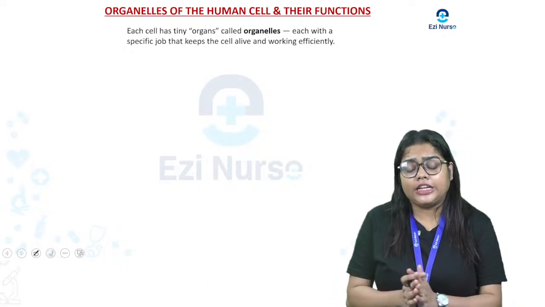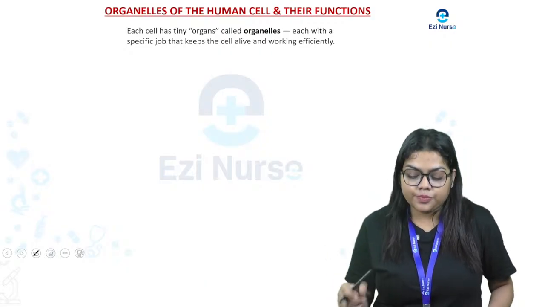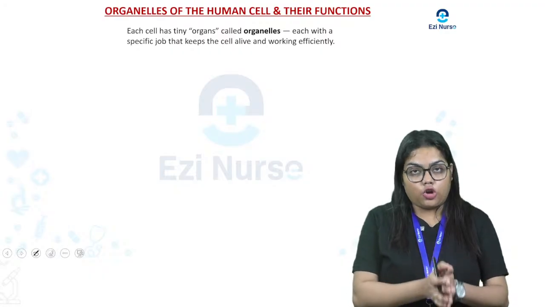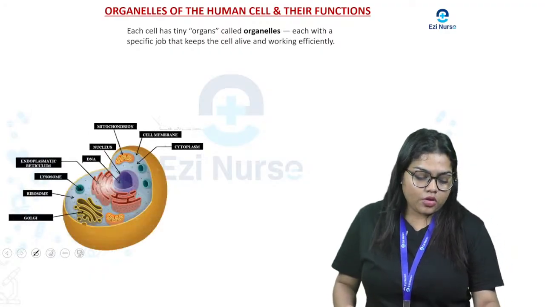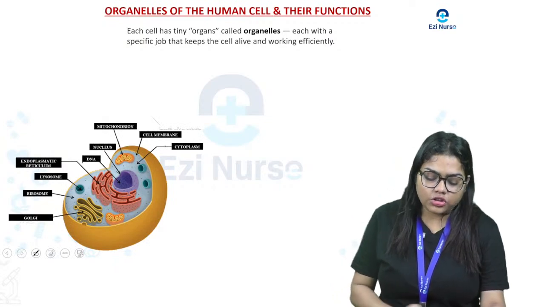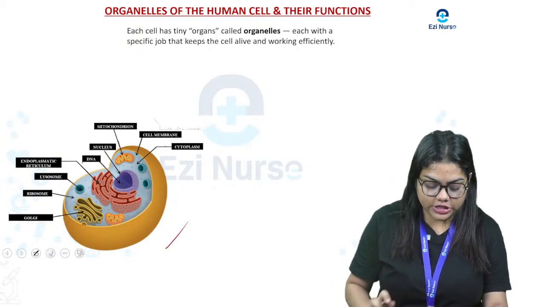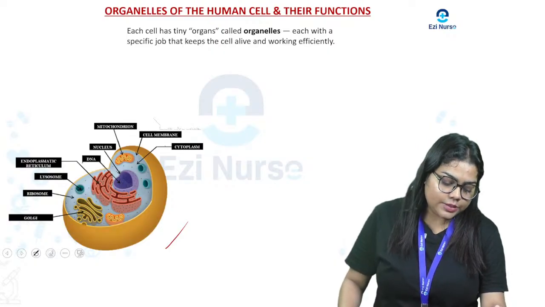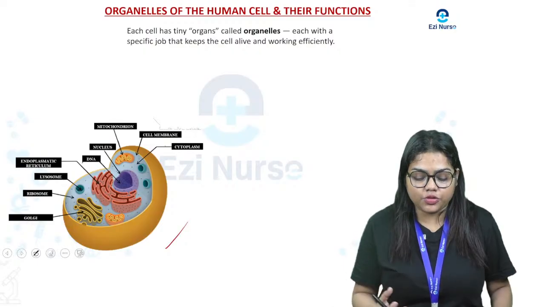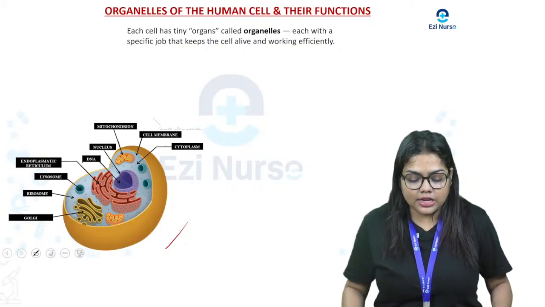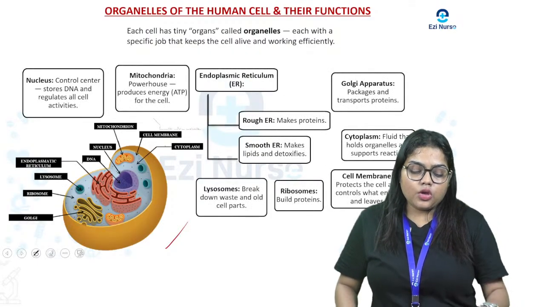Each cell has tiny organs called organelles, each with a specific job that keeps the cell alive and working efficiently. Here you can see the cell structure: Golgi body, ribosome, lysosome, endoplasmic reticulum, DNA, nucleus, mitochondria, cell membrane and cytoplasm.